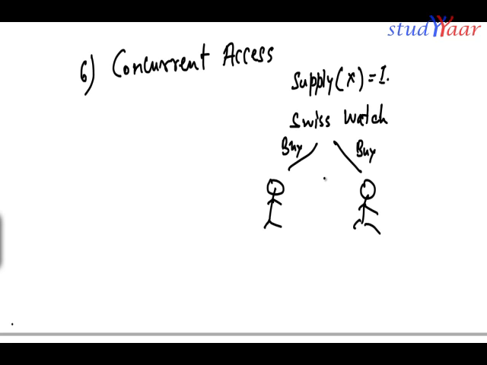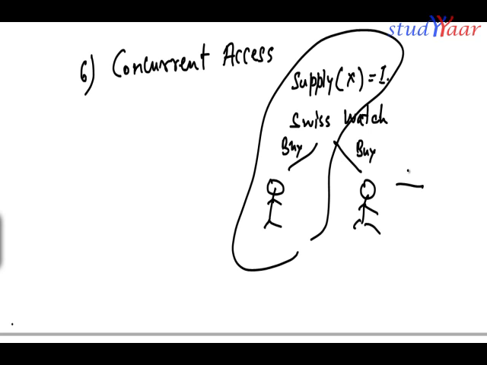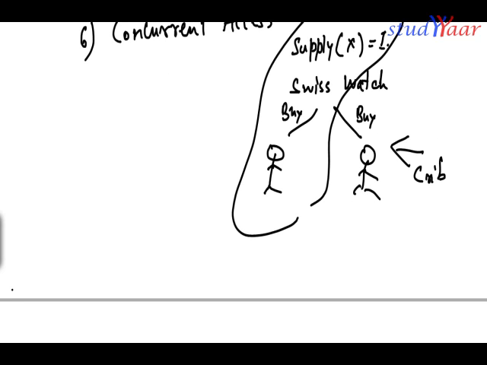However, since we are allowing concurrent access, this kind of scenario has cropped up where we cannot differentiate when two or more people are trying to access the same data item. It's going to have problems. If only one person is able to buy this watch, then the other is going to crib, because they both tried to do the access at the same time. So that's the concurrent access problem in file-based systems.